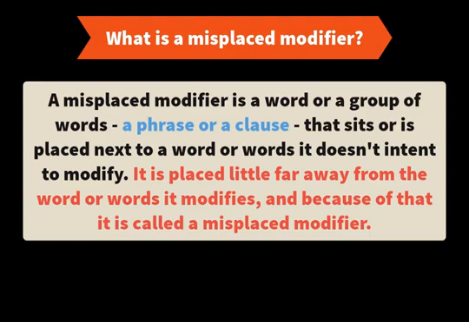When a modifier sits a little far away from the word or words it intends to modify, it is called a misplaced modifier because it modifies something else. Instead of modifying the word it intends to modify, it seems to modify some other word because it sits a little far away from the word it actually modifies. And that is why we call it a misplaced modifier.